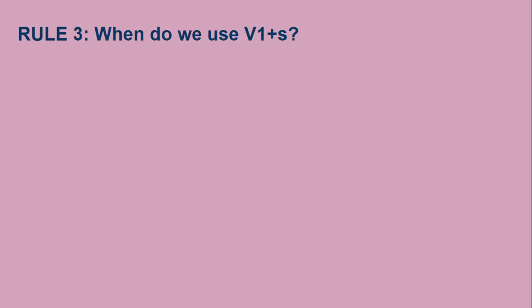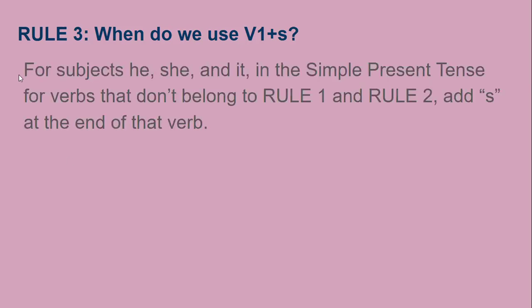We need to understand this. The rule says, for subjects he, she, and it in the simple present tense, for verbs that don't belong to rule 1 and rule 2, we add S at the end of that verb.